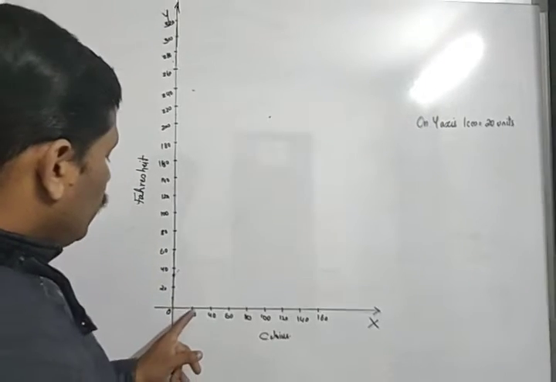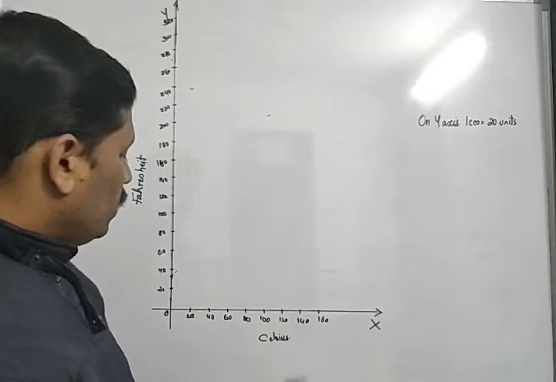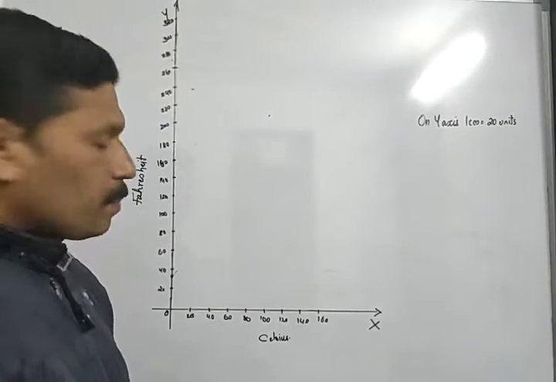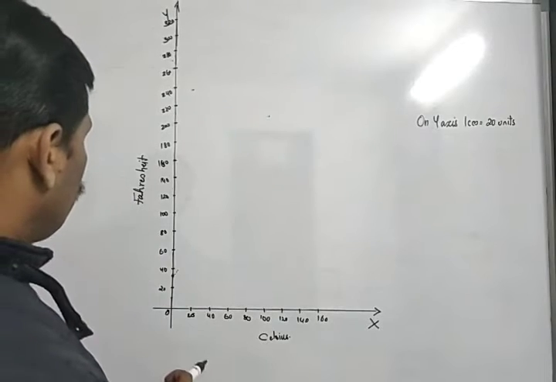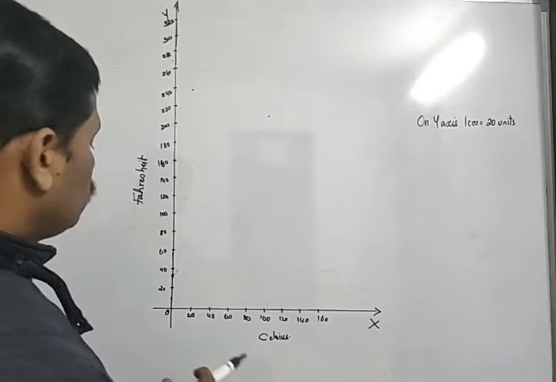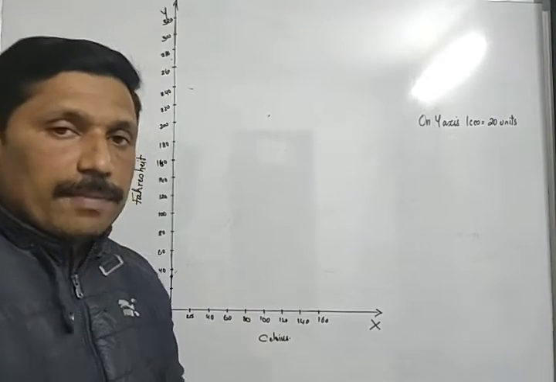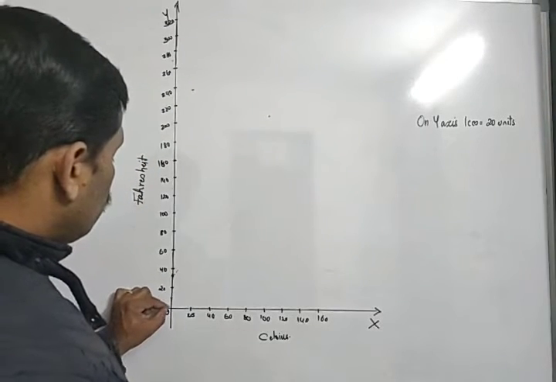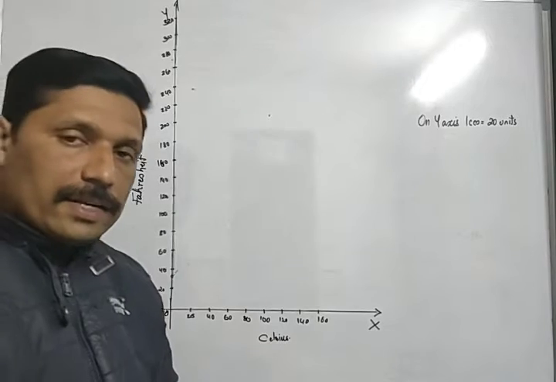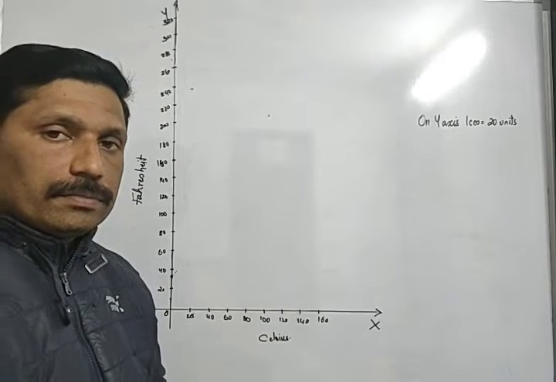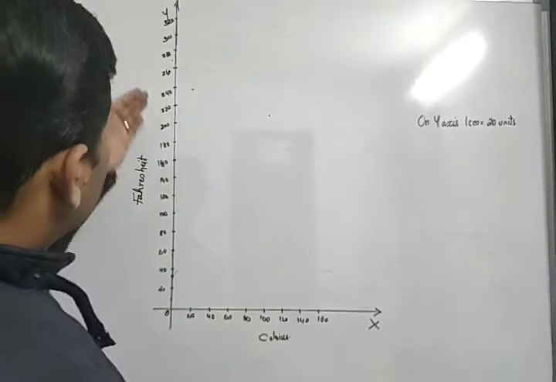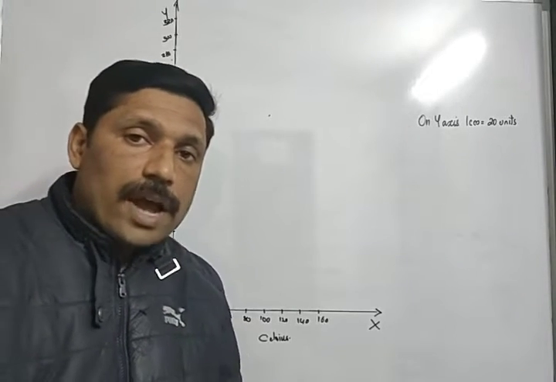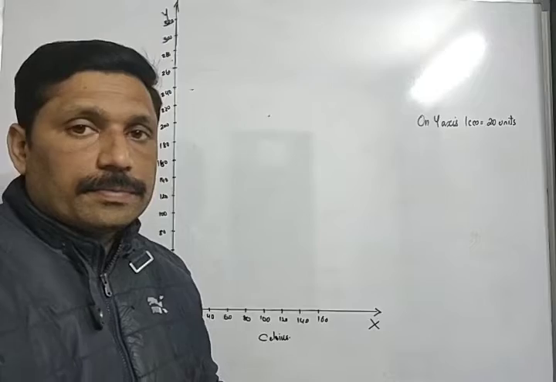On the x-axis we took 1 centimeter as 20 units, that means 20 degrees Celsius. On the y-axis also we have taken each 1 centimeter as 20 units, that means 20 degrees Fahrenheit. That means 1 millimeter is 2 degrees Fahrenheit. In that way we have recorded the temperatures on the x-axis and y-axis.